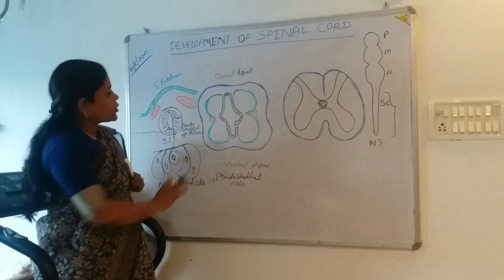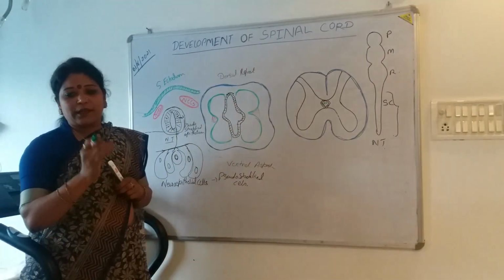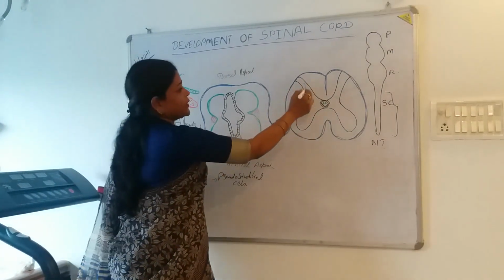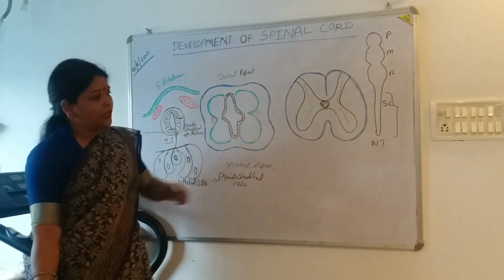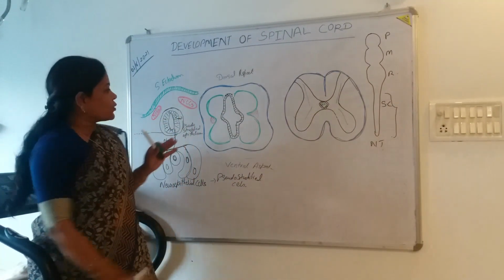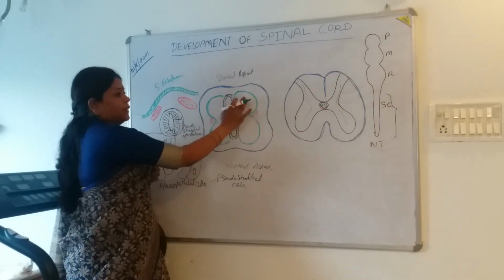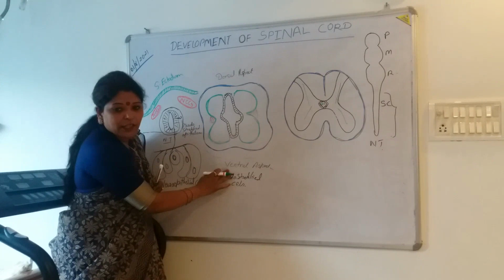This mantle layer is the future grey column, or the grey matter, you can say, of a matured spinal cord. You see here, this is the dorsal aspect, and here is the ventral aspect, isn't it?